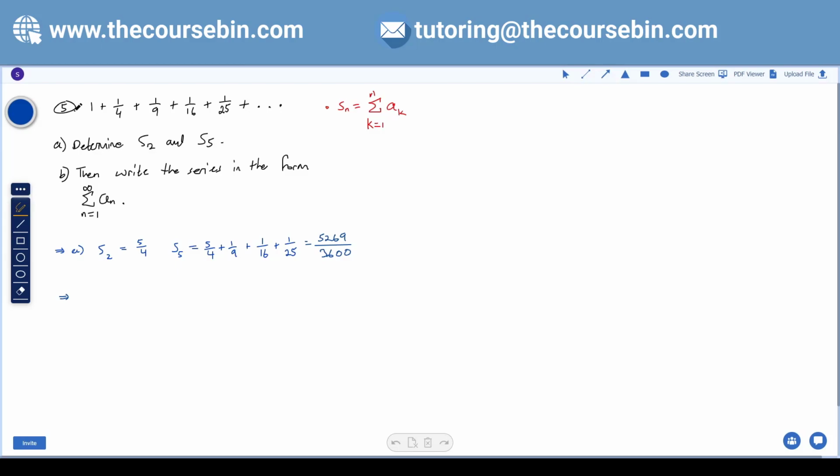Because you said the 4 is divisible by 2, the 9 is divisible by 3. So what factors make up the 4? 2 and 2, right? What about the 9? 3 and 3. 16? 4 and 4. Right, you see the pattern.